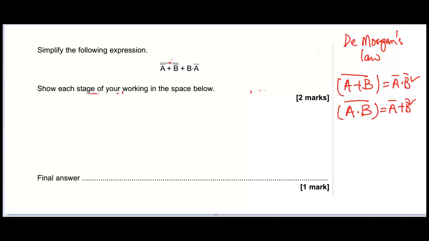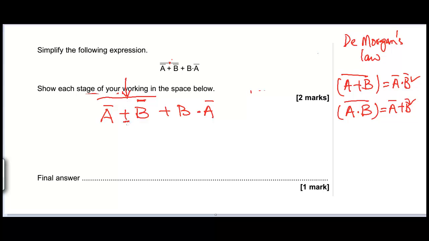Okay, so we have this expression, (a bar plus b bar) whole bar plus b dot a bar. Now just remember this. If there is a bar over an operator, just like we have here, right?